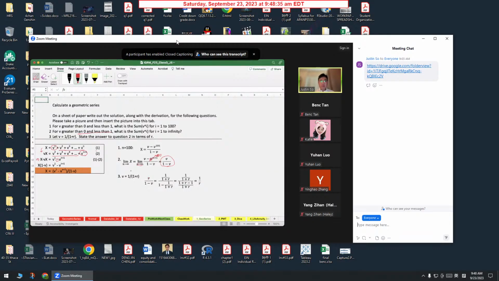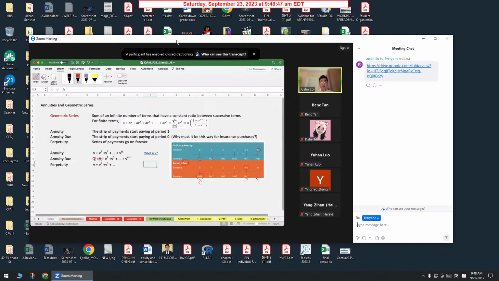Now, this number 3, let v equal 1 over 1 plus r. So this is already answering our question here. In the geometric series, what is v? I asked, right? We set up the annuity, the v. Annuity, so you need to understand how the present value of an annuity can be calculated. So look at this timeline. These are all C's.